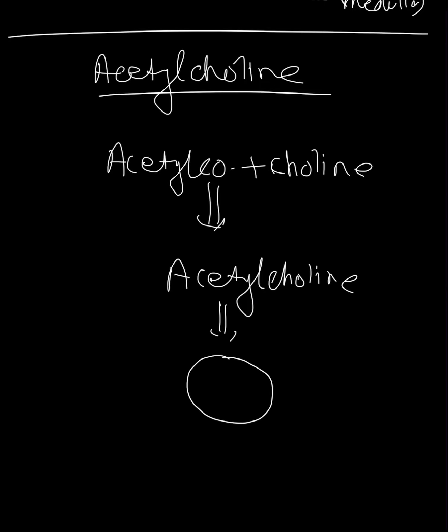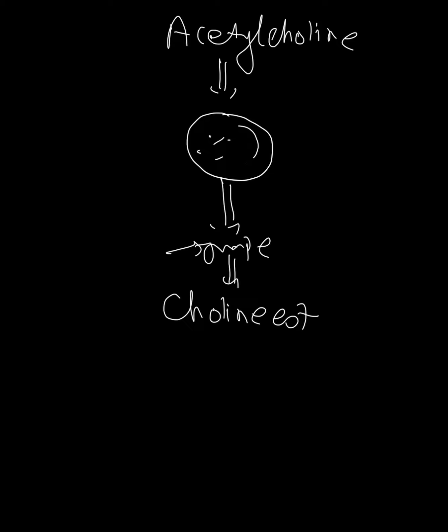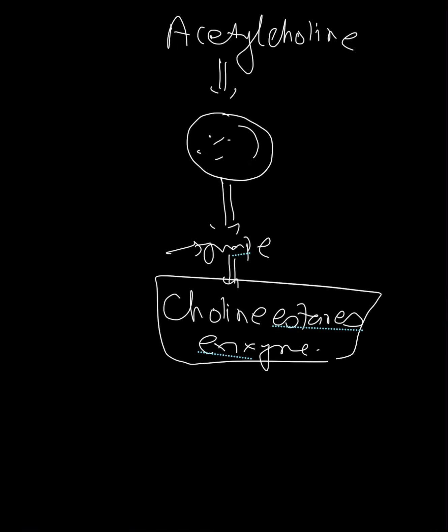These are stored into vesicles, and after impulse they are released into the synapse, and they are broken down by the acetylcholine esterase enzyme. And this choline is broken down and then taken up again.